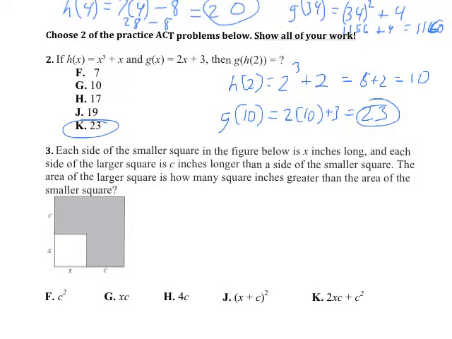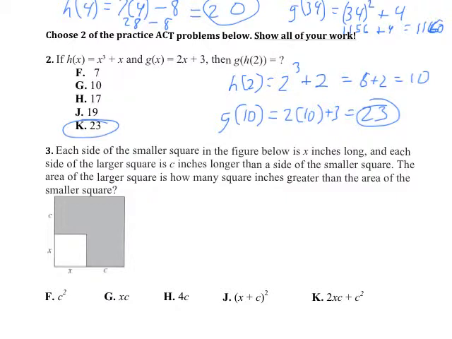Each side of the smaller square in the figure below is x inches long. We can see that on the picture, that little square right there is x by x. Each side of the larger square is c inches longer than a side of the smaller square. The area of the larger square is how many square inches greater than the area of the smaller square?